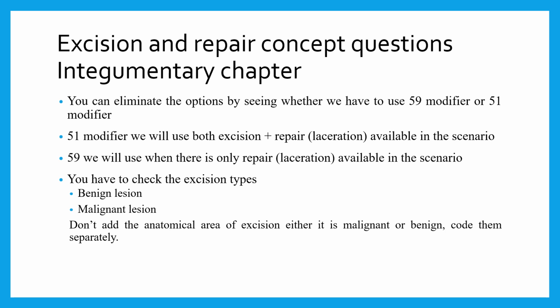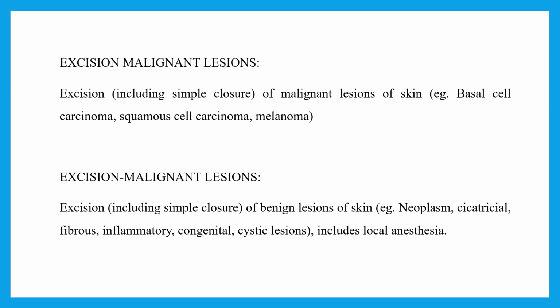So, excision of malignant lesions: sometimes they will indicate malignant lesion directly, but sometimes they will include terms like basal cell carcinoma, squamous cell carcinoma, or melanoma. By seeing these terms, you come to the conclusion that these are excisions of malignant lesions.